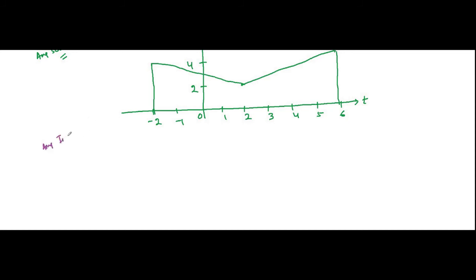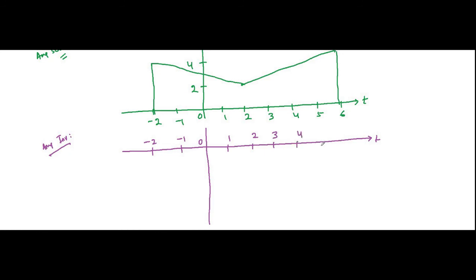Amplitude inversion, time axis, 1, 2, 3, 4, 5, 6, -2, -4. Here it will be just the negative amplitude.